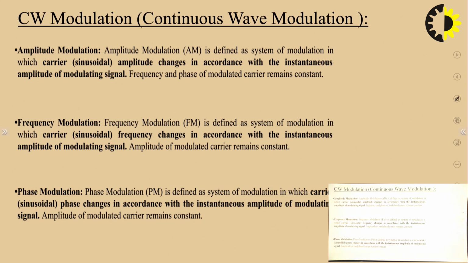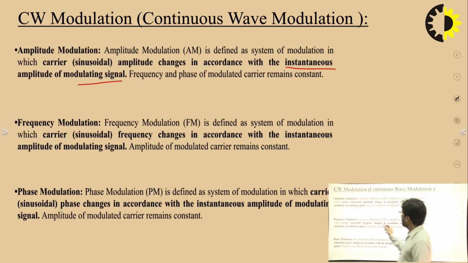These are continuous wave modulation techniques. We have different kinds of modulation techniques: amplitude modulation, frequency modulation, and phase modulation. Amplitude modulation is modulation in which the amplitude of the carrier signal changes in accordance with the instantaneous value of the message signal or modulating signal.